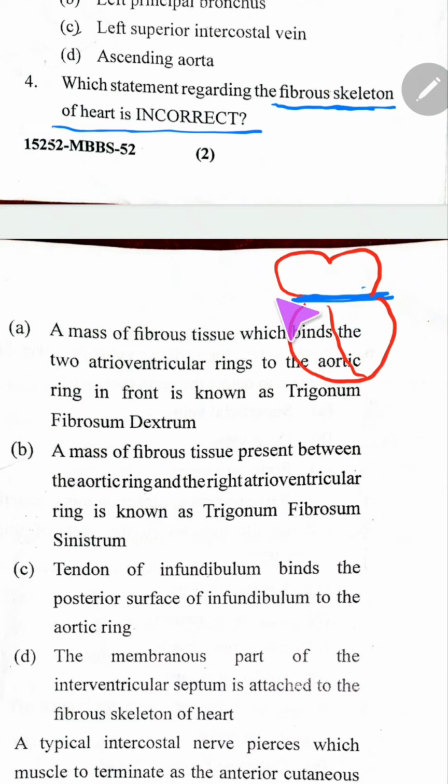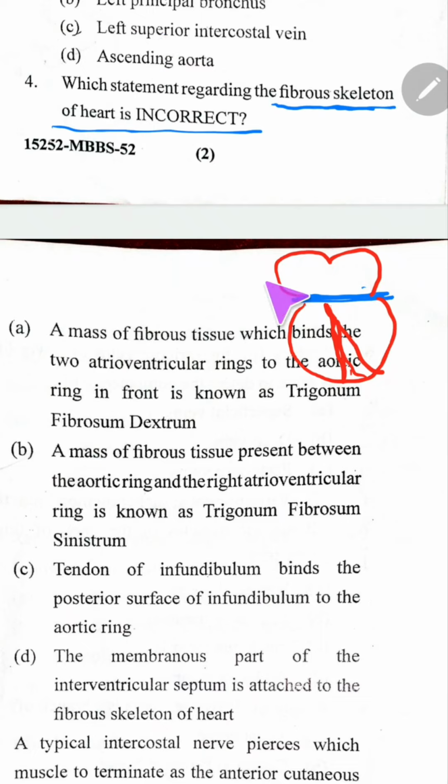You have studied so much about the muscles, they need some point of attachment to something rigid and fixed. So that's why the muscles of the atria, the cardiac muscles, are attached to this on the upper surface, and the muscles of the ventricles are attached to the under surface. And don't forget that the membranous portion of the interventricular septum also is attached to this fibrous skeleton.